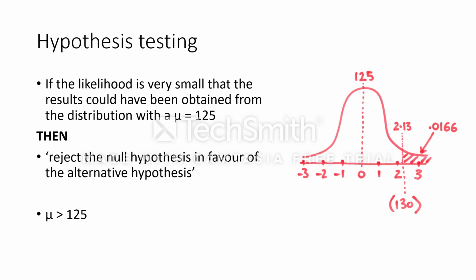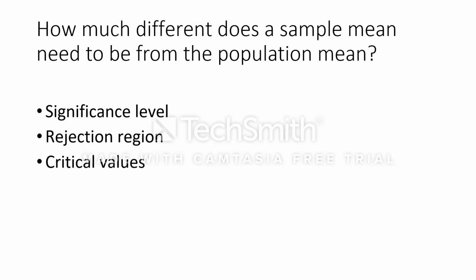And in this case, we would be rejecting the null hypothesis and accepting the alternative hypothesis that ginkgo biloba does improve memory. So how much different does a sample mean need to be from the population mean?